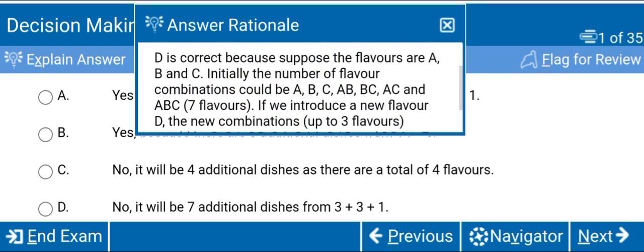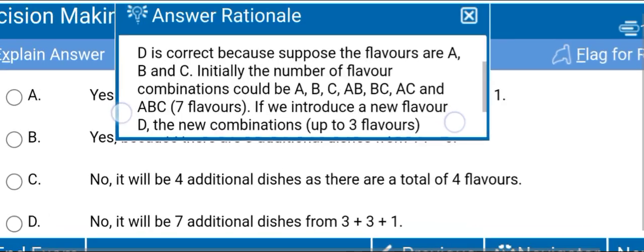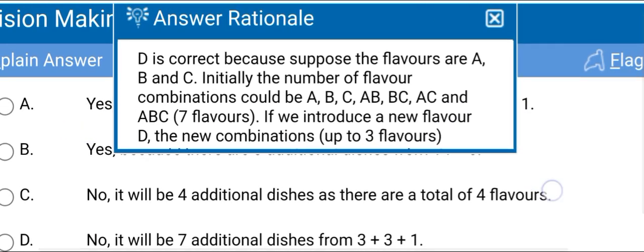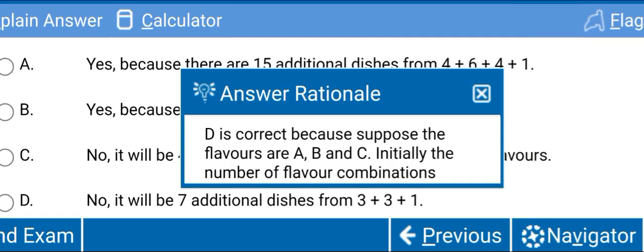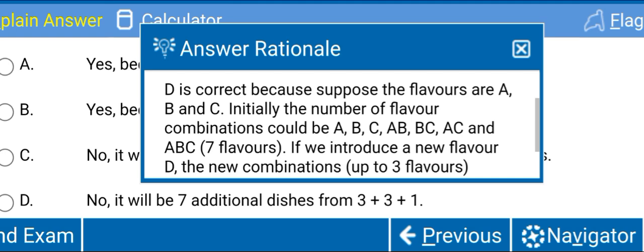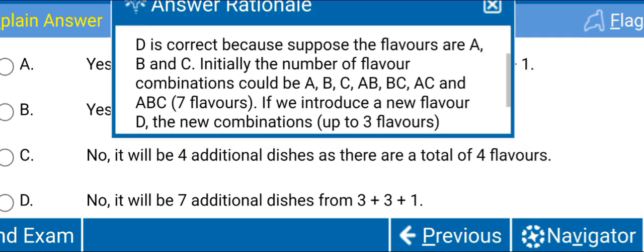D is correct because suppose the flavors are A, B and C. Initially the number of flavor combinations could be A, B, C, and then AB, BC, AC and ABC. That is 7 combinations.